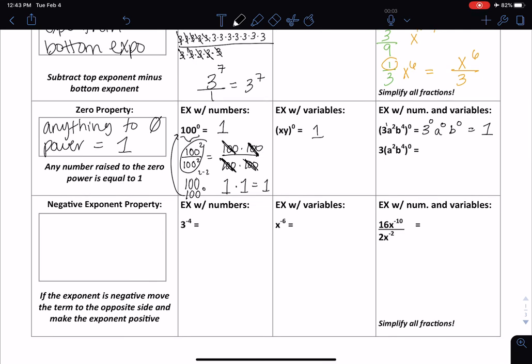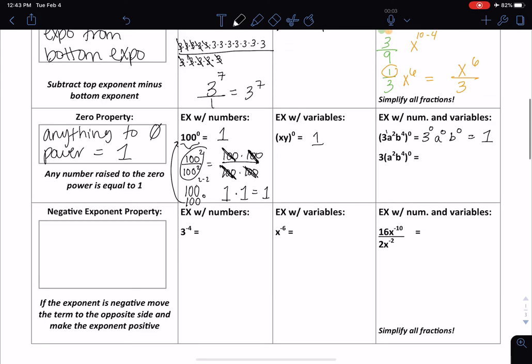Okay, but now this one's a little tricky. Notice that not everything is inside of my parentheses. Okay, the 3 is on the outside. Okay, it's by itself, it's not inside. So the 0 only goes inside to the 2, the A and the B that are inside. So I'm going to do the A first. So I get A squared times 0, which is A to the 0.